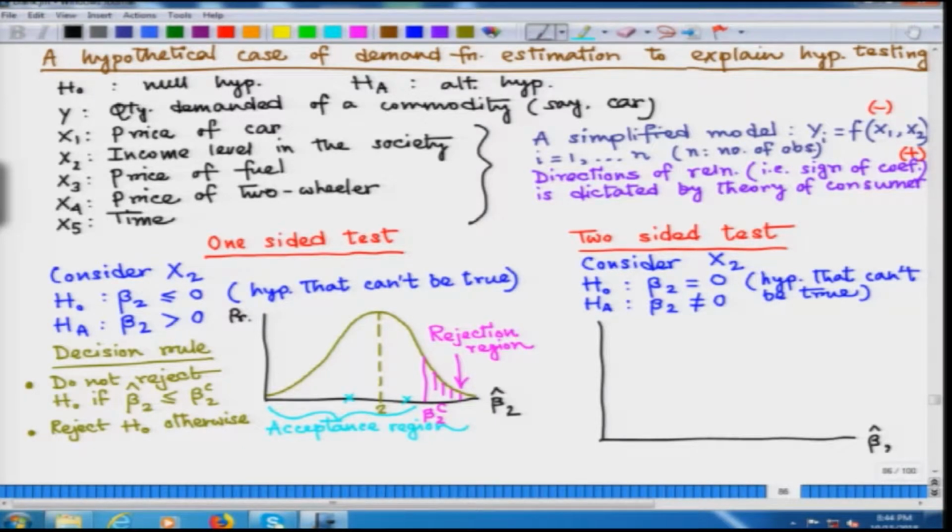As usual, I measure the possible values of beta 2 hat along the horizontal axis and the probability of these various possible values of beta 2 hat along the vertical axis, and as there is a sampling distribution related to this random variable beta 2 hat, I assume that there is normality. So, again I can assume a mean value.